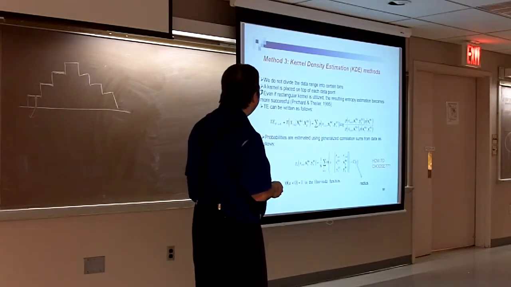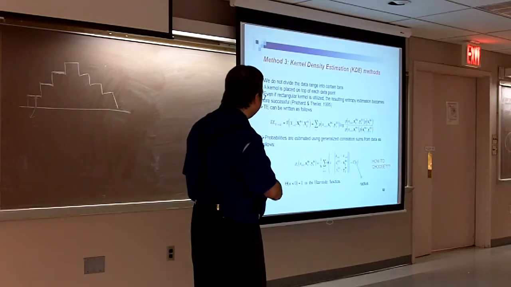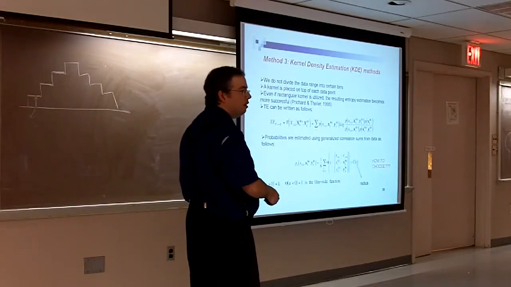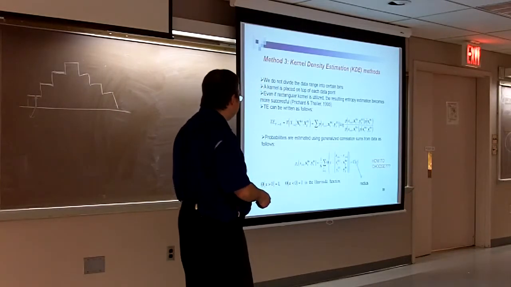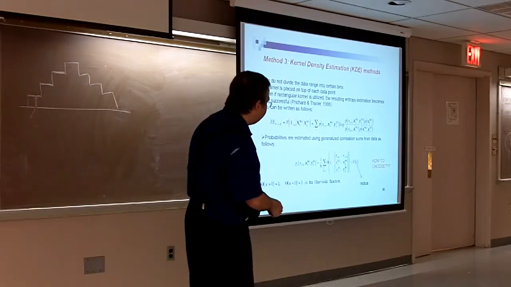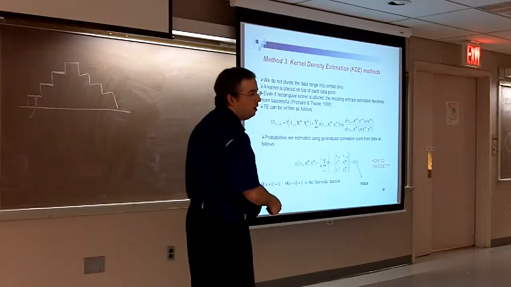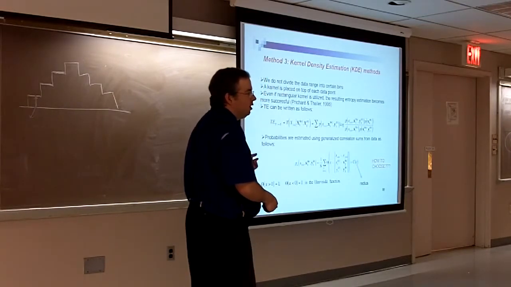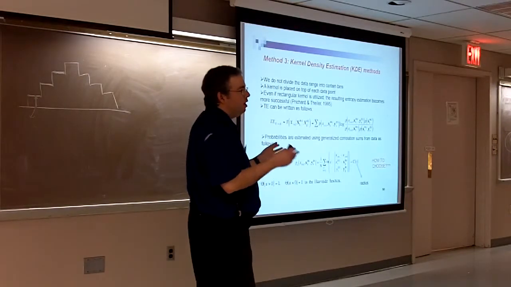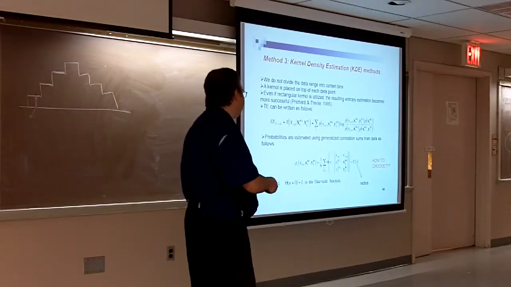Then you estimate something called the correlation sum, which is well known in the chaos theory literature. I do not go into the detail, but there's something called the radius here. Then the problem is how to choose this radius. In histogram, you deal with how to choose the bin number. Here, you deal with how to choose the radius.